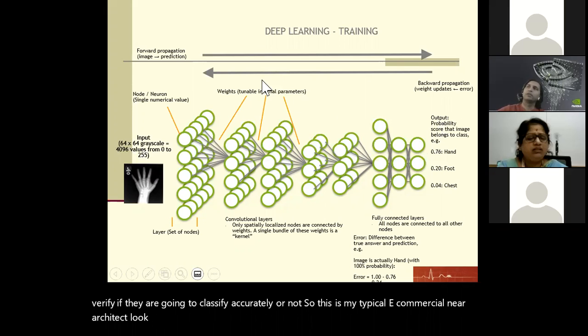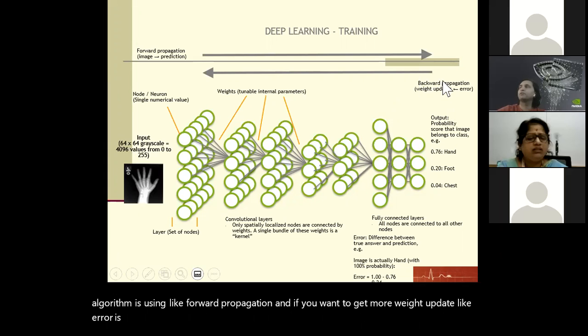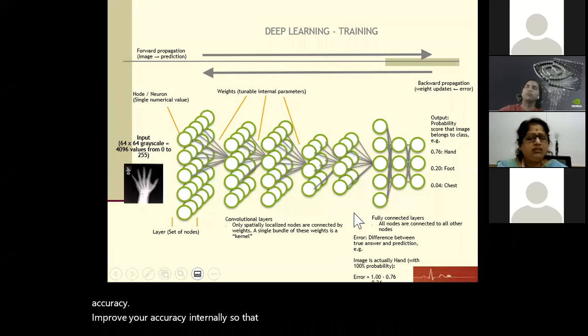If you want to use it only for image prediction, the prediction algorithm uses forward propagation. And if you want more weight updates because the error has not been reduced, then we can use the backward propagation algorithm. It retrains based on the accuracy and improves accuracy internally, so the algorithm ends up with more improved and more accurate features.